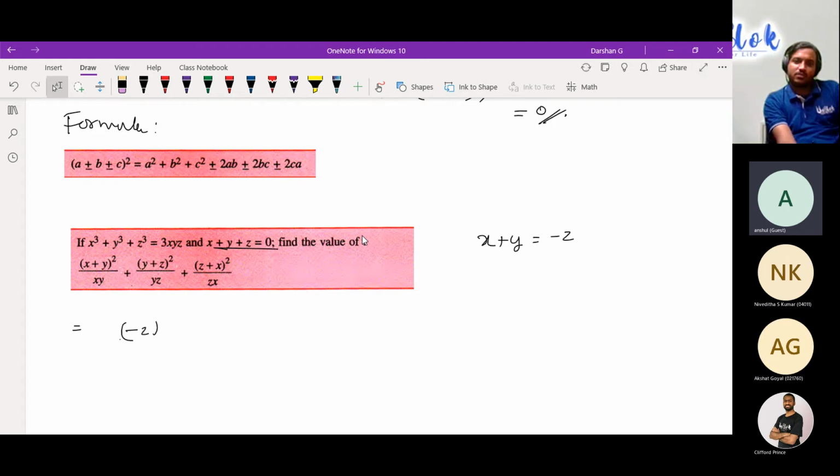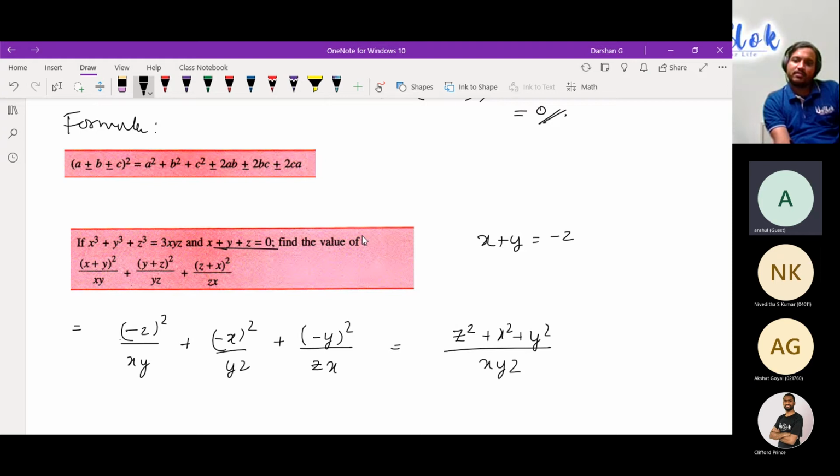So it is minus z the whole square divided by xy. Similarly, it is minus x the whole square divided by yz plus minus y the whole square divided by zx. This is more simpler, no? z square plus x square plus y square divided by xyz. xyz is the LCM actually. Do you think this is the easier method? Yes, sir. It's simple.